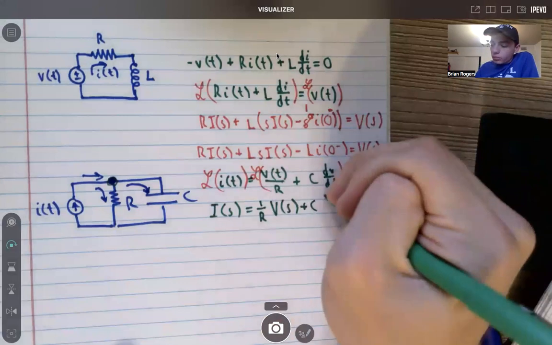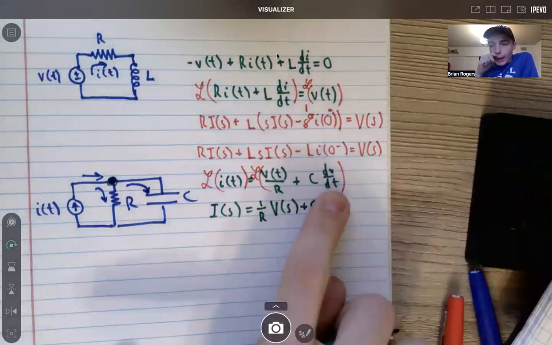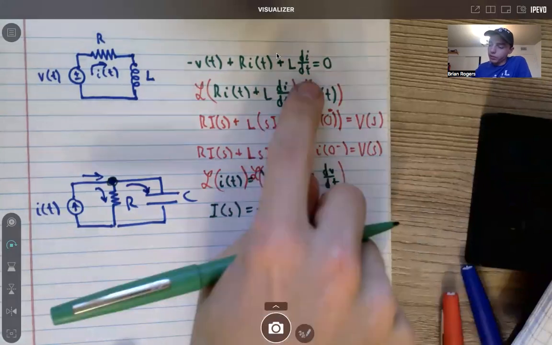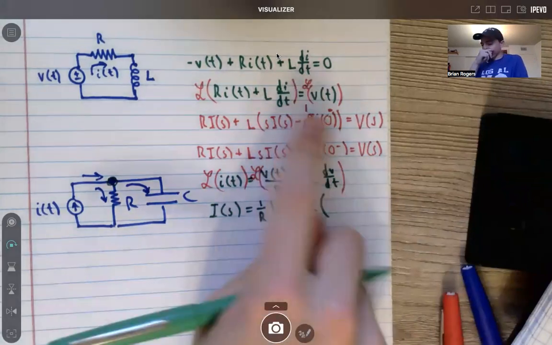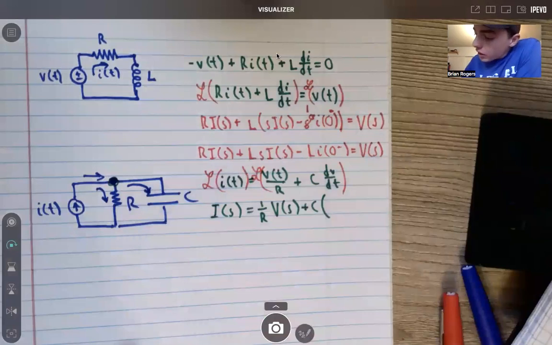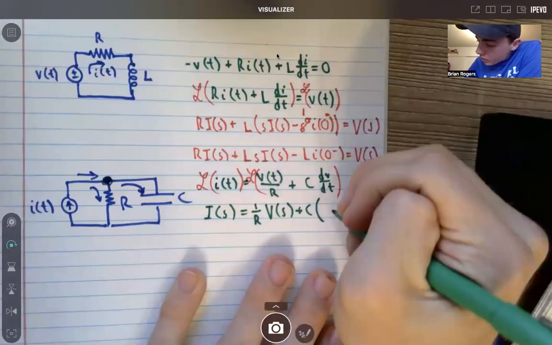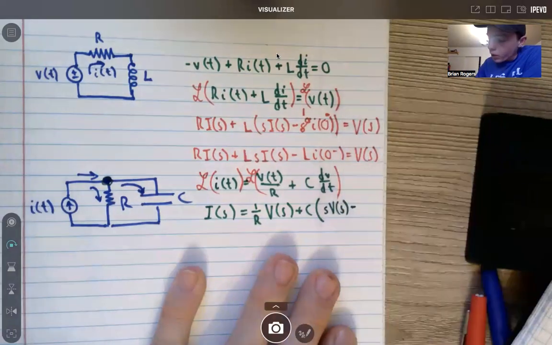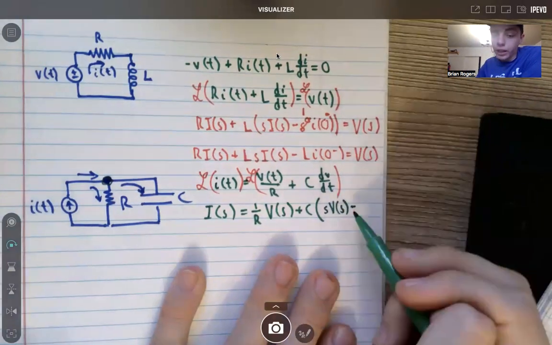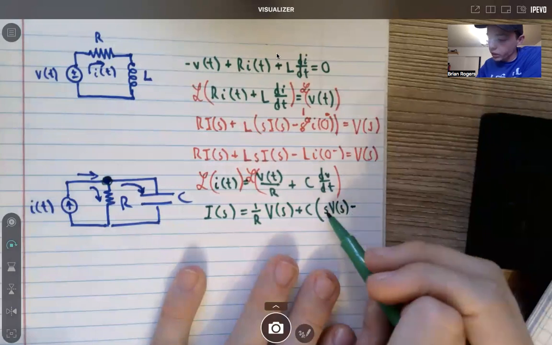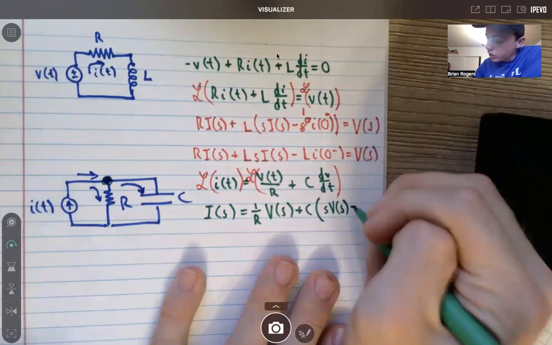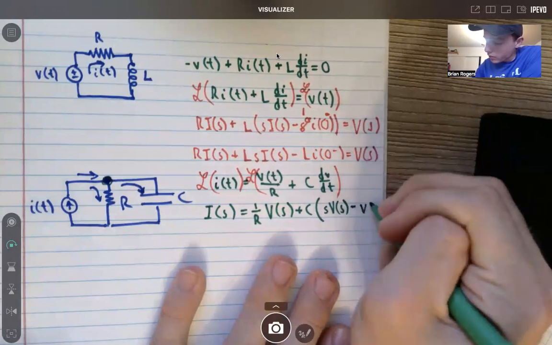But this is the Laplace of a derivative. And remember, just like above, when we had the derivative and had to do the Laplace of it, it's going to become s V of s minus, and then you drop 1 from the s exponent, so s to the 0 is 1. And then you do the initial condition, so v of 0, approaching from the left-hand side.